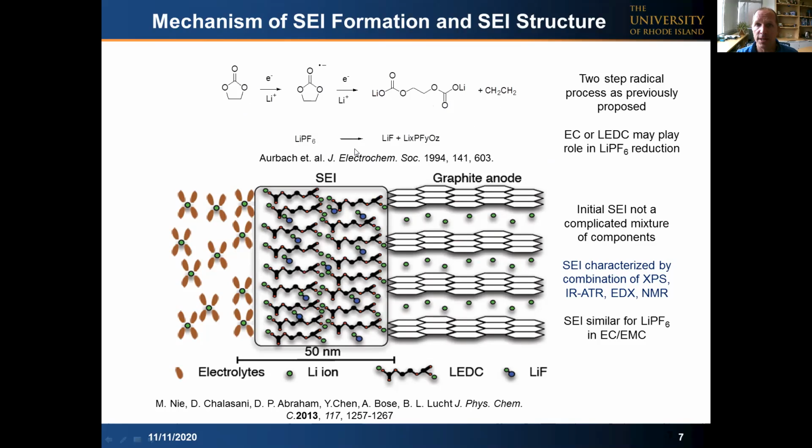And then the LiPF6 is being reduced to generate lithium fluoride, along with low concentrations of lithium fluorophosphates. So what this tells us is that the simple SEI, from a simple electrolyte composition, is predominantly composed of lithium ethylene dicarbonate and lithium fluoride and is approximately 50 nanometers thick.